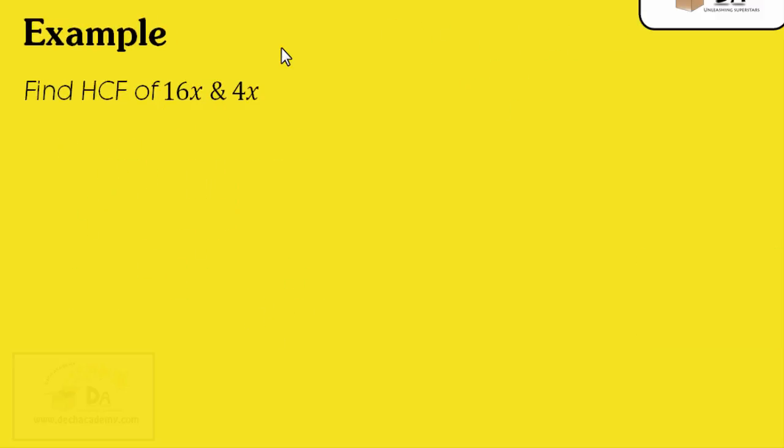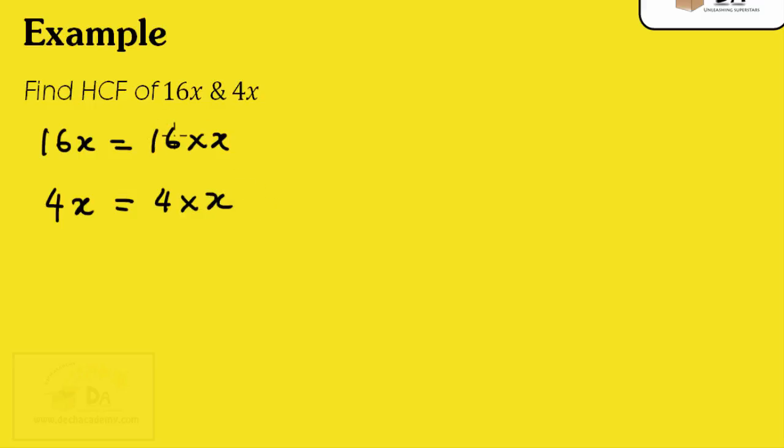Here's another example. We're required to find the HCF, the highest common factor, of 16x and 4x. So in order to do this, you need to express each of these terms as products of their prime factors and their variables. In this case, we have variables. So let's first write this as 16 times x and 4 times x.